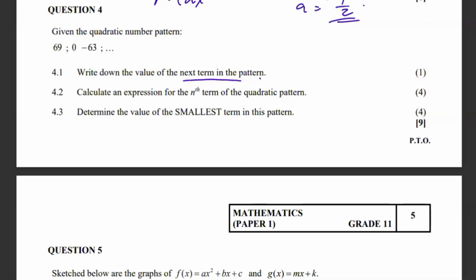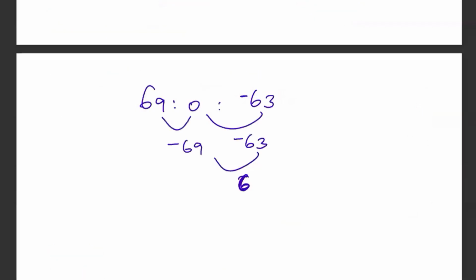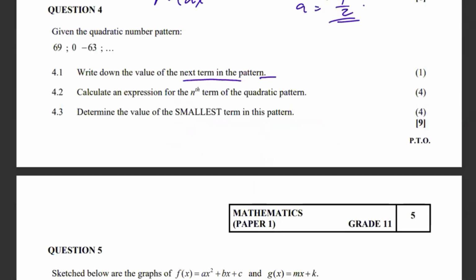They want us to write the value of the next term. So if I add 6 here, it's going to be 57? And that's going to be negative 120. I don't know, guys, help me. This addition is too much. Okay, so negative 120, that's what I'm getting, guys.